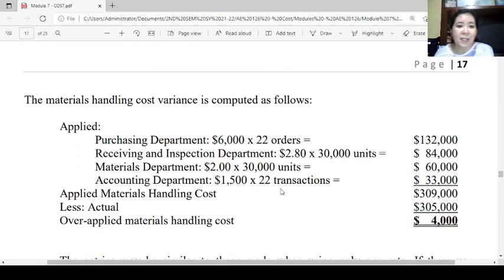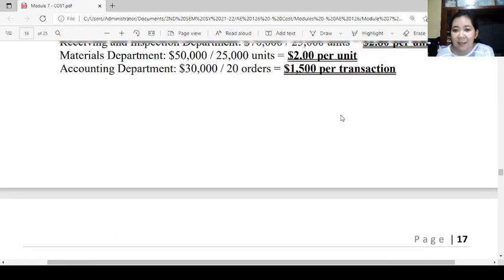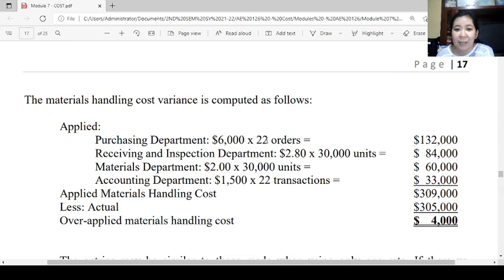So the materials handling cost variance is computed as follows. We will use the applied rates: 6,000 times 22 orders, so 132. Receiving, 2.8 times 30,000 units. These are actual orders and actual number of units, please take note of that.